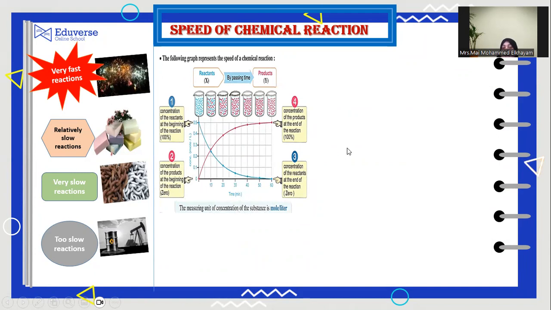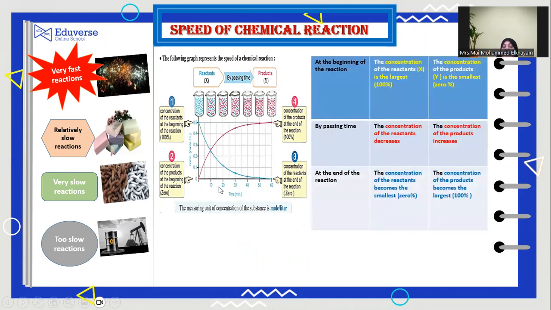At 0 time, or at the beginning of the reaction, the concentration of the reactants X, illustrated with the blue curve, is the largest, 100%, while the concentration of the products, illustrated by the red curve, is 0%. But by passing time, the concentration of reactants decreases as they change into products, and the concentration of products increases.